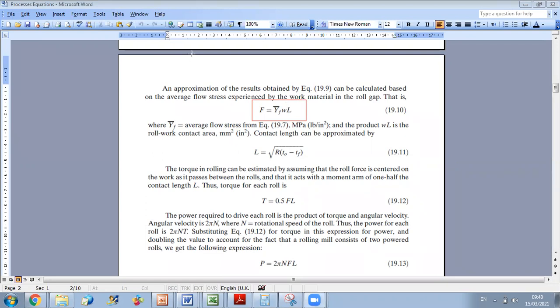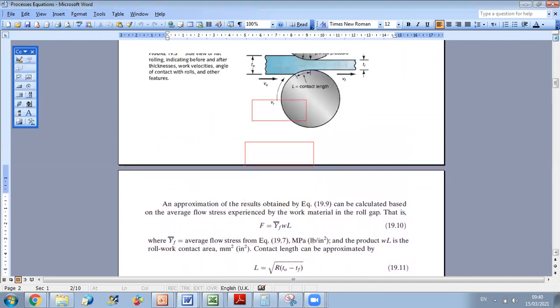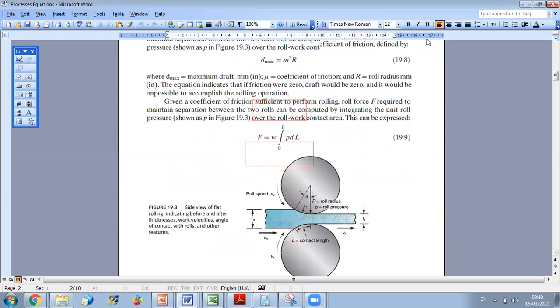And we have a certain relation that gives us an approximation of L as a function of the radius of the rollers and the initial and final thickness. It was shown that the contact length can be approximated by the square root of R times (T0 minus Tf). If I go back to my figure, this is L. L is the contact length between the rollers and the work part.